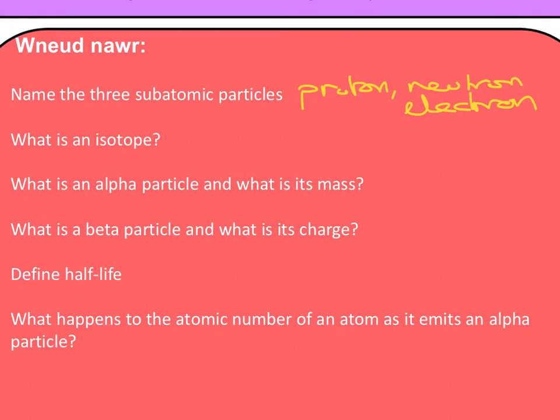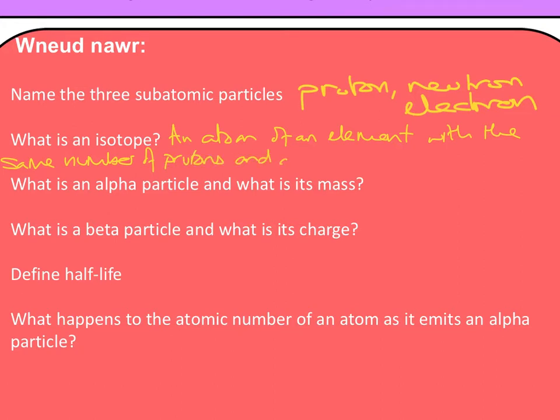Okay, an isotope is an atom of an element. So it has the same number of protons and a different number of neutrons.